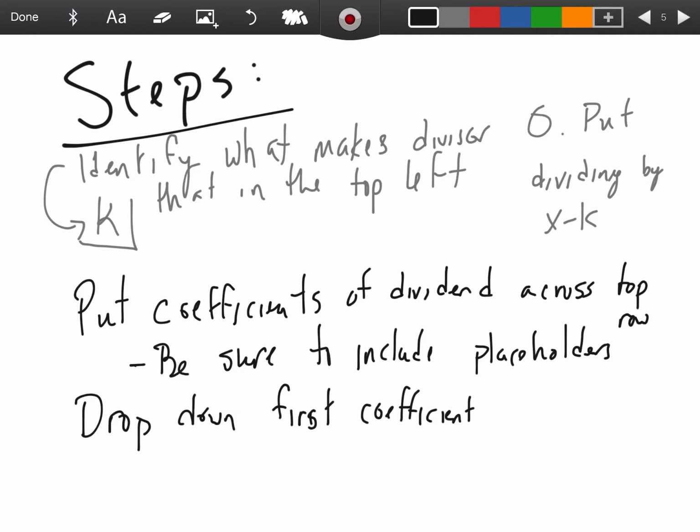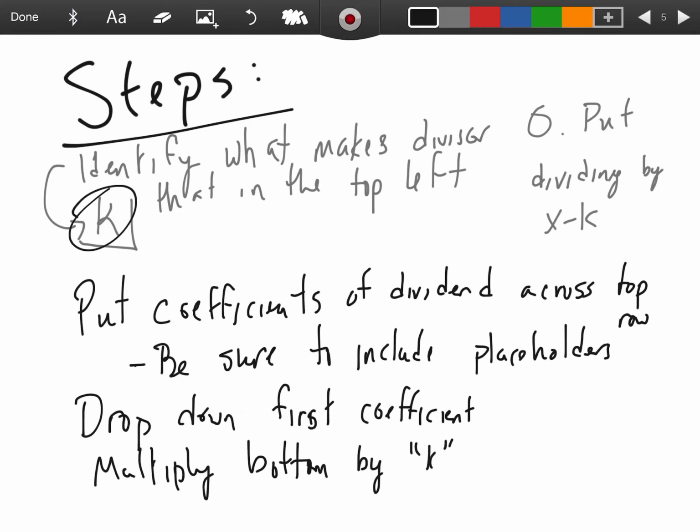Then after that, you multiply what's on the bottom times our k value. And k is just whatever we have up in the top left-hand corner.